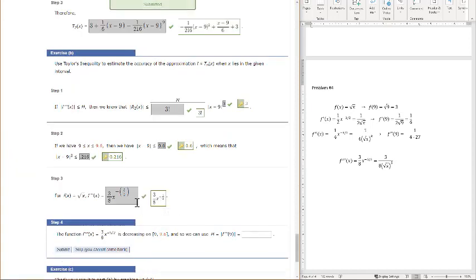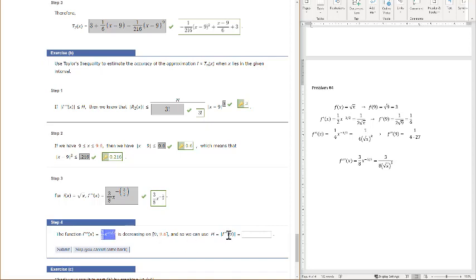So we will use our derivative here, our third derivative, to figure out what the largest value of m is. This function itself is a decreasing function.